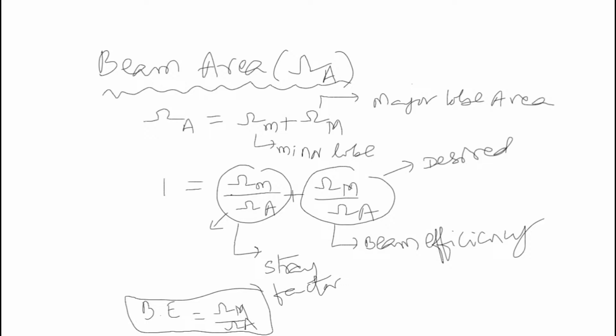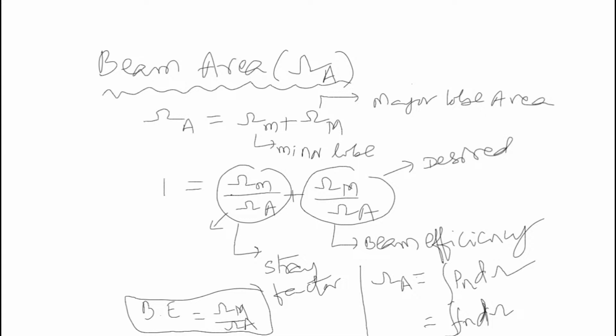Beam area can also be written in equation form. Beam area is equal to the integral of the normalized power over a solid angle, or else the normalized function, because this normalized power or normalized function doesn't have any units.